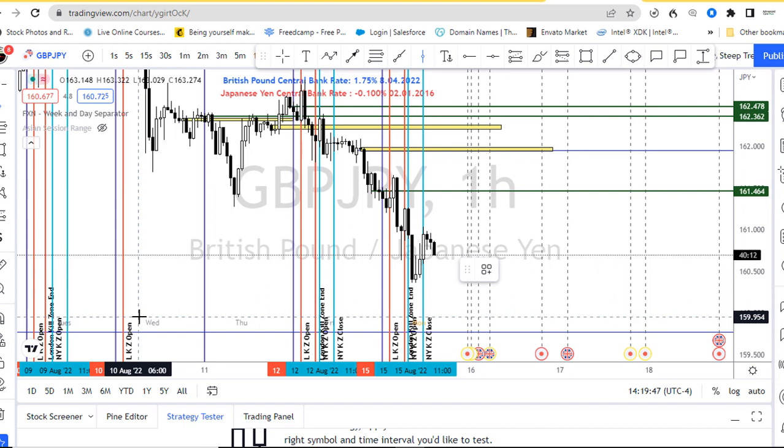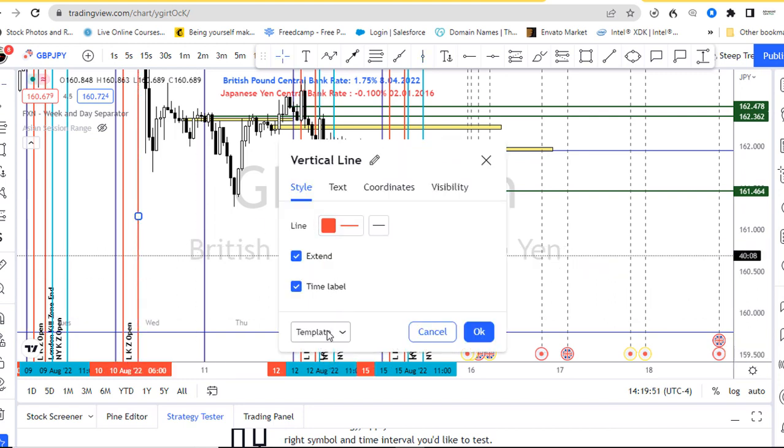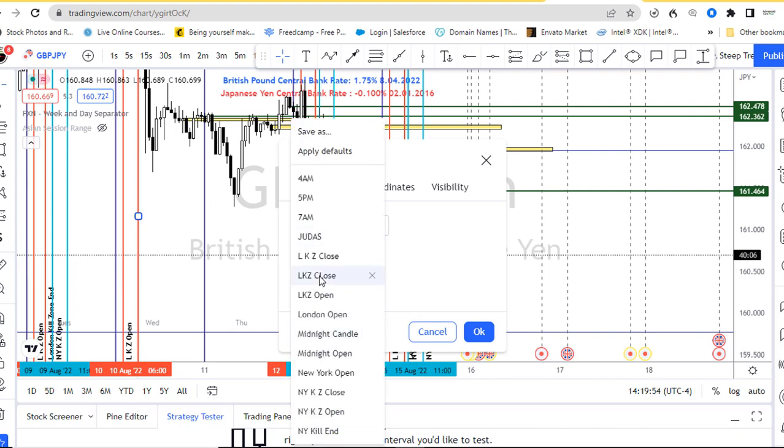I normally will mark it up to 6 o'clock. All right, 6 o'clock a.m. Eastern time. That's going to be your London kill zone area, or kill zone time.